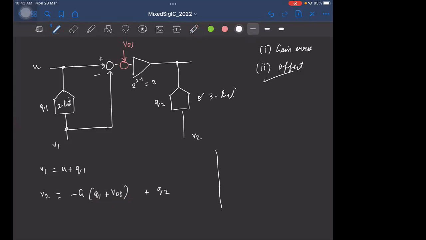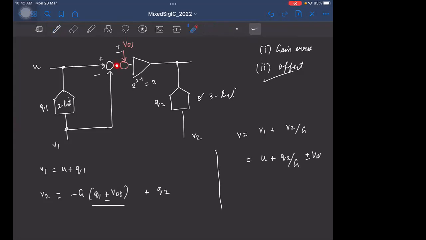So again, as usual, you combine the output in this form, B1 plus B2 by G. So what do you get at the output? I'll obviously have this term, which is what I want. So what will be the additional term due to the offset? Minus VOS, right? I'll just say plus or minus VOS because everything is plus or minus. Is the input here correct, or did I make a mistake here?